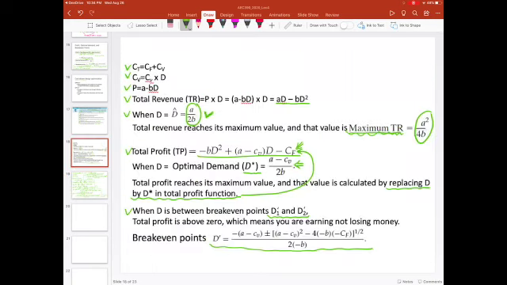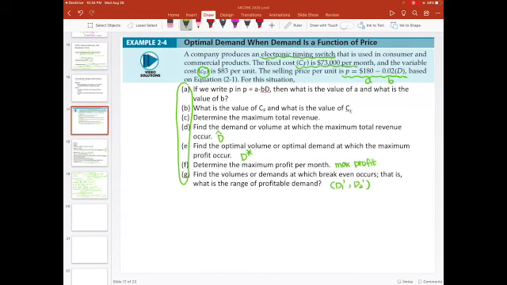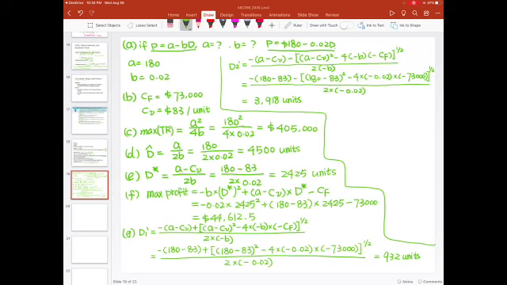So your break-even points, or what they asked, the range of profitable demand is gonna be a range from a lower value 932 to a higher value 3,918. So this is your profitable range, which means if your D belongs to this range, then you are making profit.